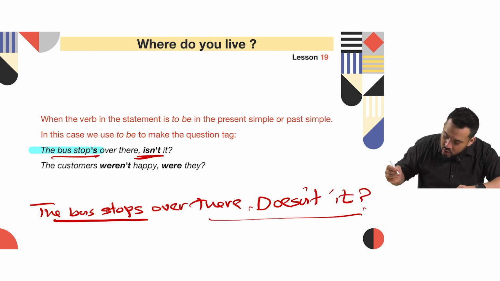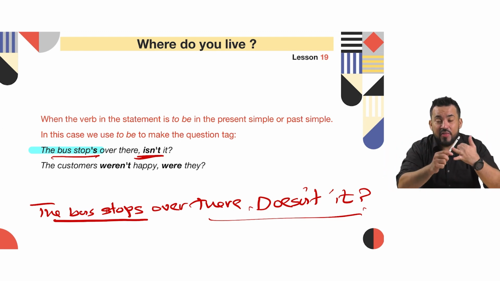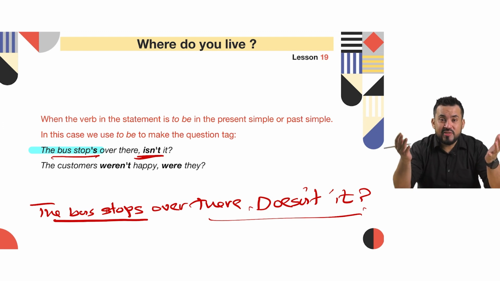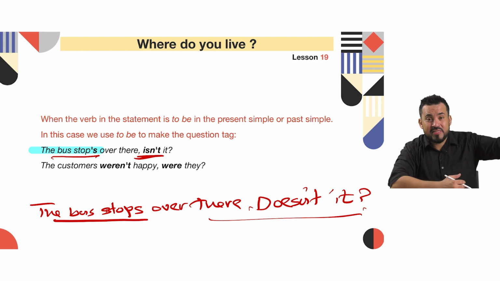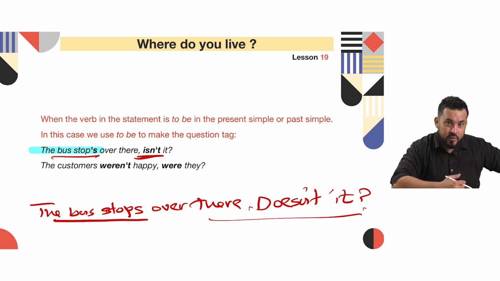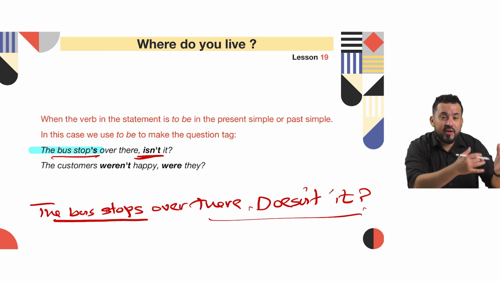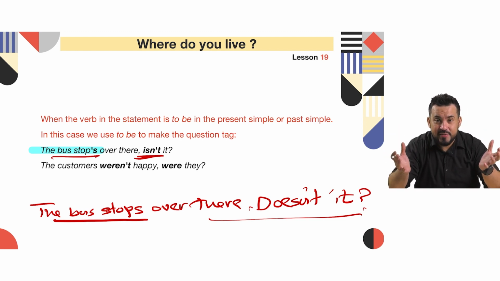Because stops is a verb. And we know that the verb auxiliaries do, does, did, doesn't, didn't are used only in the form of the negative and the question, but we don't use them in the affirmative or in the positive sentence. So we will say the bus stops here. Does the bus stop here? The bus doesn't stop here. Okay, so we'll only use the auxiliaries when we are making a question or a negative sentence.